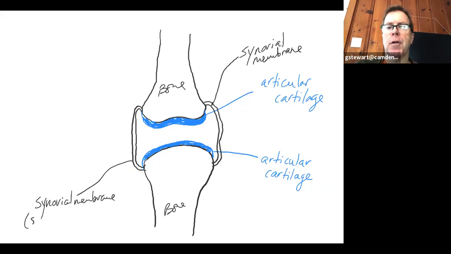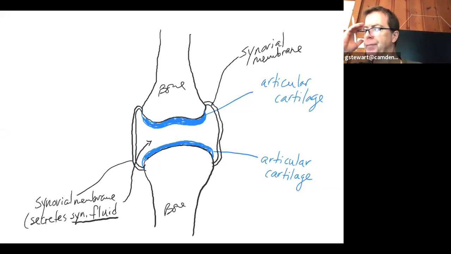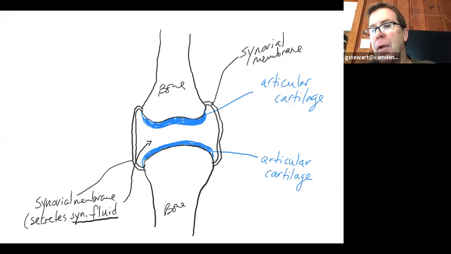I'm just going to put secretes. It secretes that fluid into that space. So the synovial fluid is actually found in this space here. And remember that fluid contains hyaluronic acid.